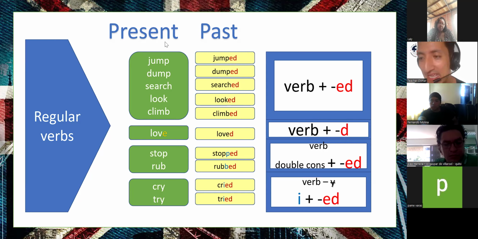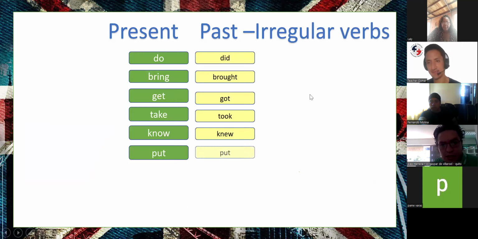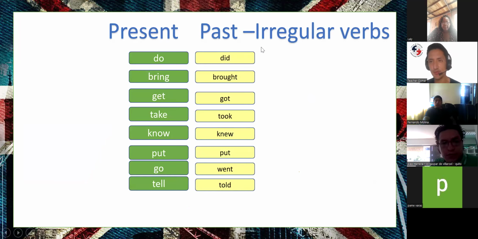Ed. And tell me, do you remember now, Alex, what about the irregular verbs? What is the difference between regular and irregular verbs? La diferencia es que cambian de forma al escribir. ¿Será que yo puedo poner do it?